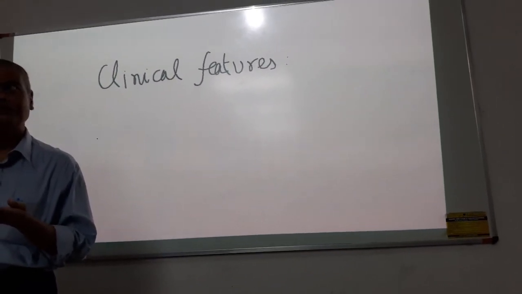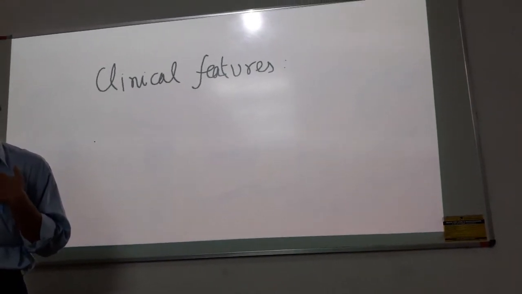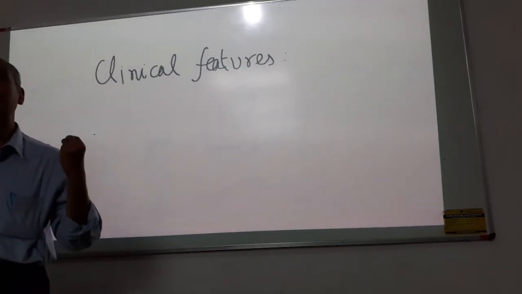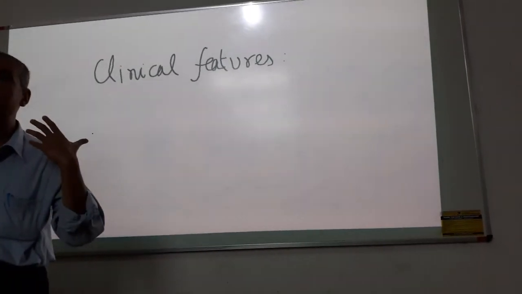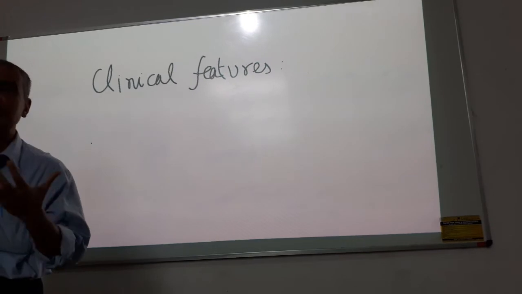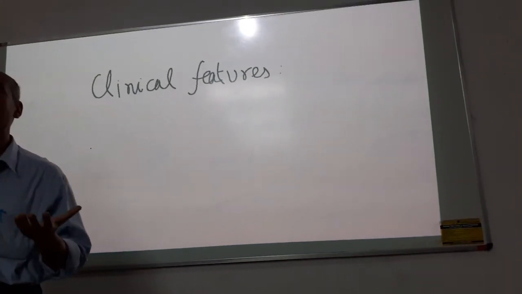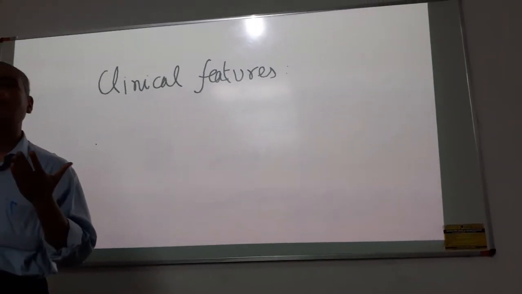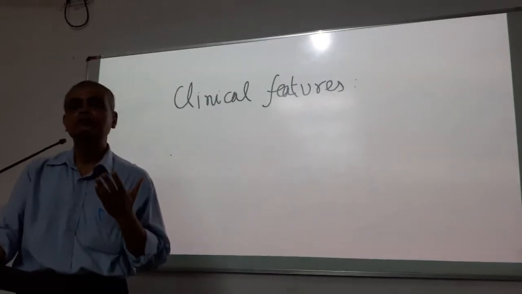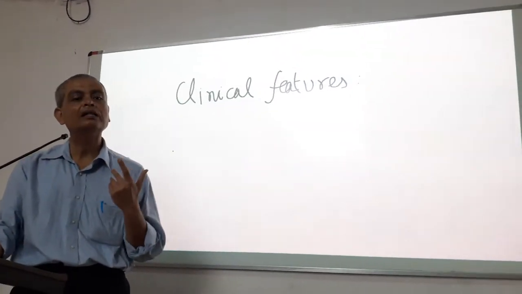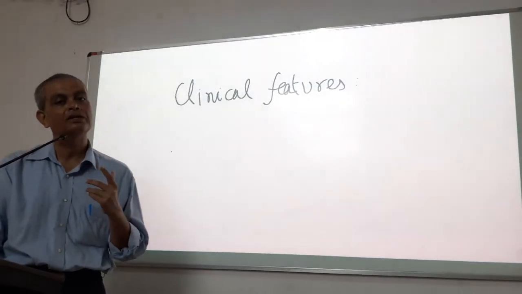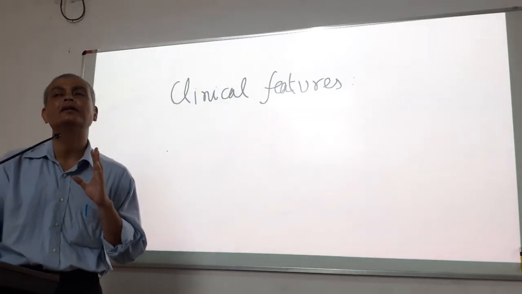And now as a result of this cavitary lesion, there can be cough, there can be fever, there can be expectoration, and there can be also expectoration of blood-tinged sputum, that is hemoptysis. So all these things can be possible.